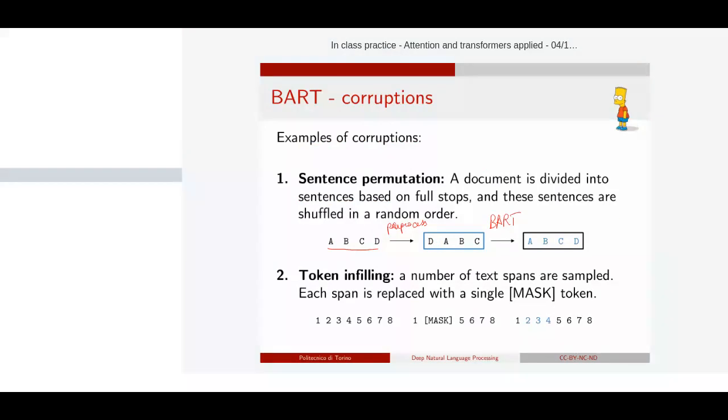Then I have token infilling. I randomly mask one or more tokens, actually more than one, using the mask token. So I have 1, 2, 3, 4, 5, 6, 7, and 8. I sample these three, so 2, 3, and 4, and I mask them. This is the input of the model: 1, mask, 5, 6, 7, 8. The model should be able to reconstruct the sequence, and so place 2, 3, and 4 here. So this is token infilling.